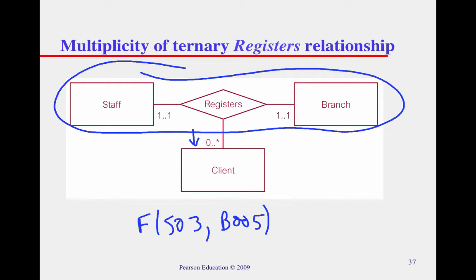Now, it may well be that if we have to express this register relationship as a relation, then register is going to be a weak entity, because it doesn't really exist in the real world. So that would be a weak entity. But the 3, branch, client, and staff, they're strong entities. Other questions? Okay.